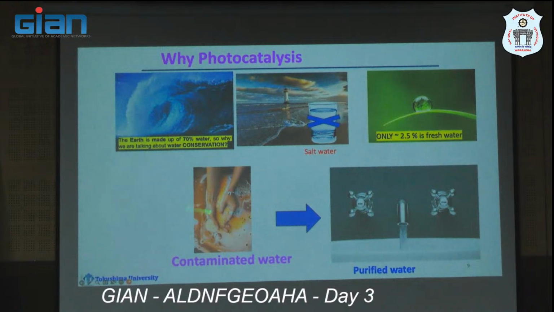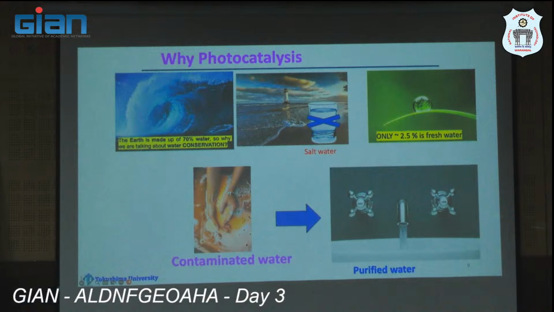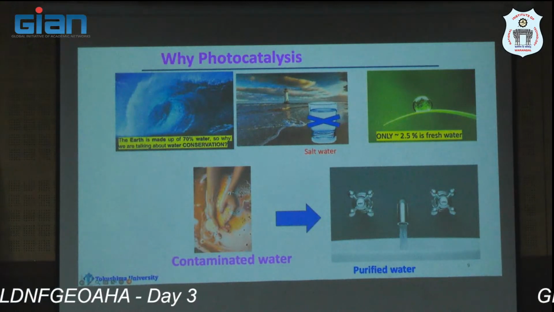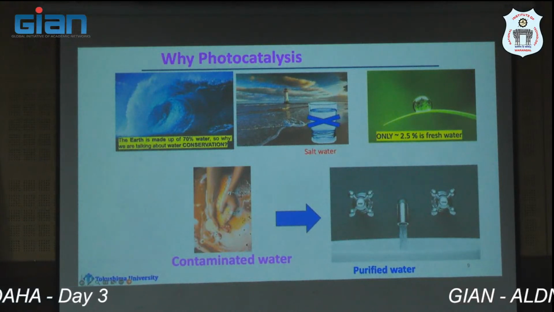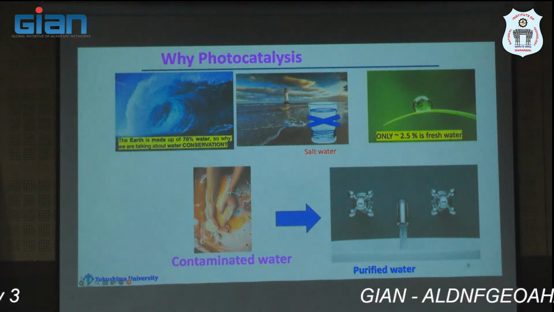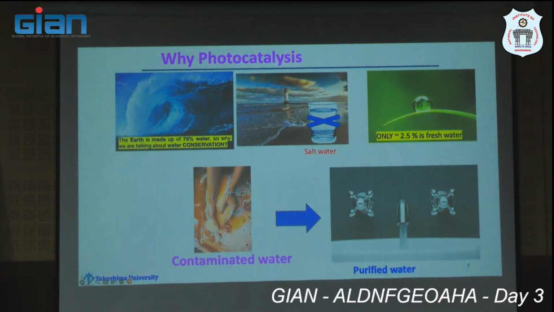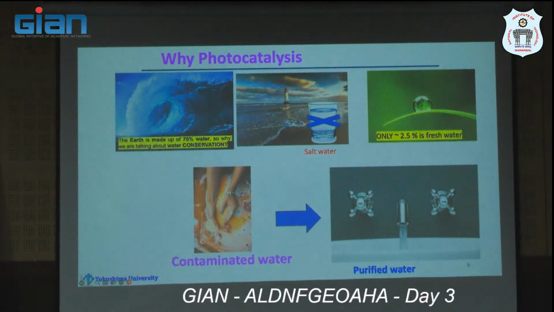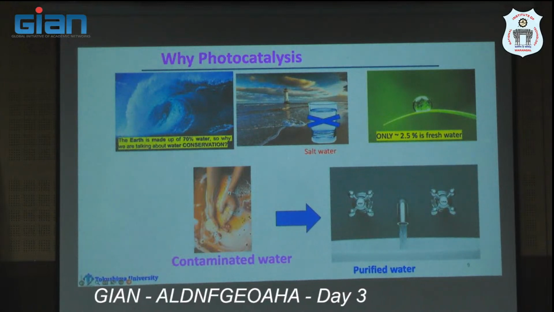If we successfully clean the contaminated water into pure, clean water and can use it again and again, that process requires photocatalysis. It is one of the methods to clean contaminated, impure, dirty water into clean water so that we can use it again and again. This is the importance of photocatalysis.